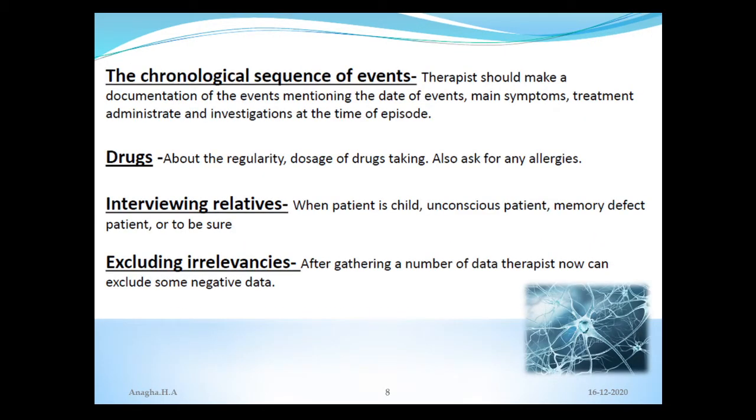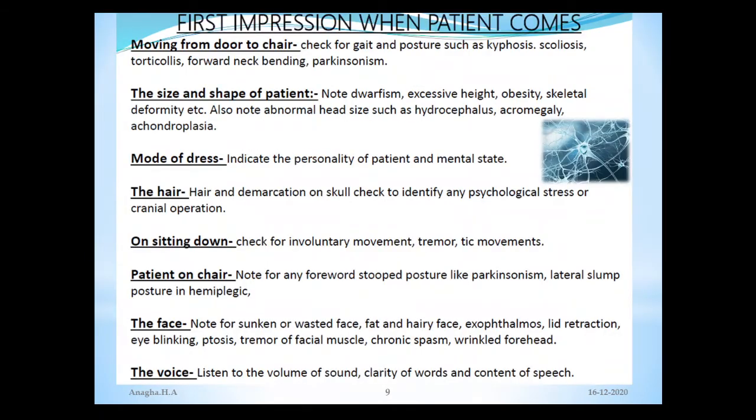And this is a common ideology that chronological sequence has to be given importance. The CNS examination starts from the first impression when the patient enters the room itself. Moving from door to chair, how the patient's attitude is, how the patient's gait is, the size and shape of the patient, mode of dress, the hair.